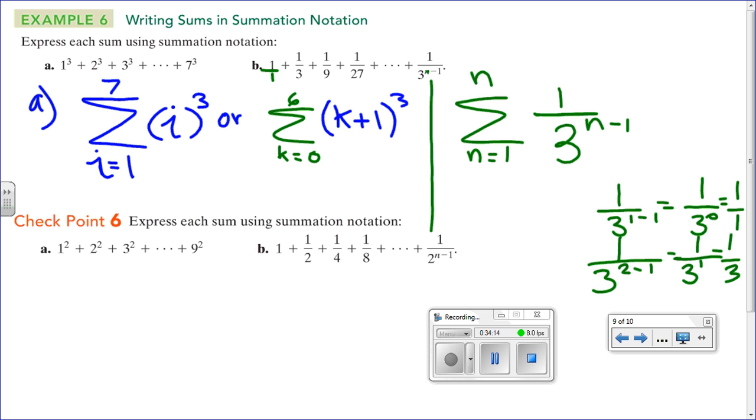Okay. And actually, let me fix this, because if I use n here, I cannot use it down here. My bad. So this is n, let's make this a k, and we'll make this k equals 1. The bottom ones are exactly the same, and the other one we will write as a power of 2.